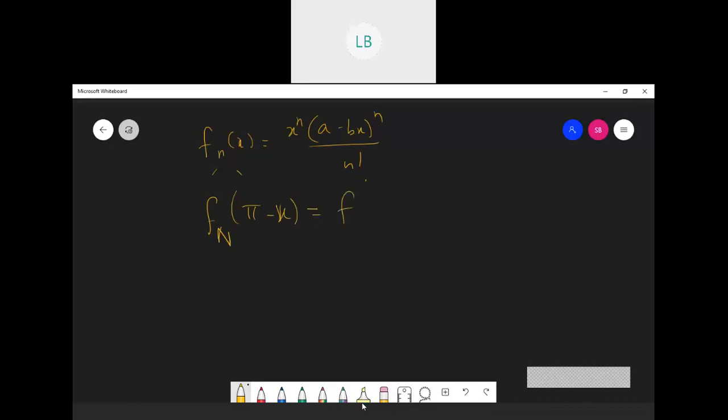Capital N is a specific number for which we did that thing. We took that capital N arbitrarily large so that the integral is less than 1. So for that capital N we are working with, f capital N of pi minus x is equal to f capital N of x. So the kth derivative will also be the same, and we consider a specific point, that is pi, like put x equal to 0. At least this should be the same.